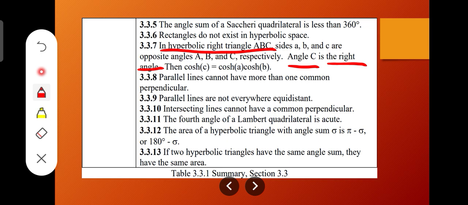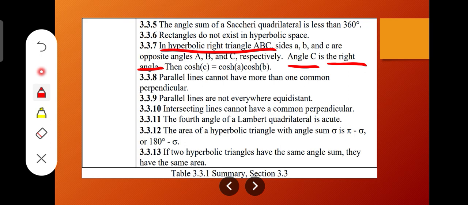So, parallel lines should not have many common perpendicular lines. 3.3.9, parallel lines are not everywhere equidistant. Then 3.3.10, intersecting lines cannot have a common perpendicular. When we talk about intersecting lines, these are lines that meet. So they should not have a common perpendicular.